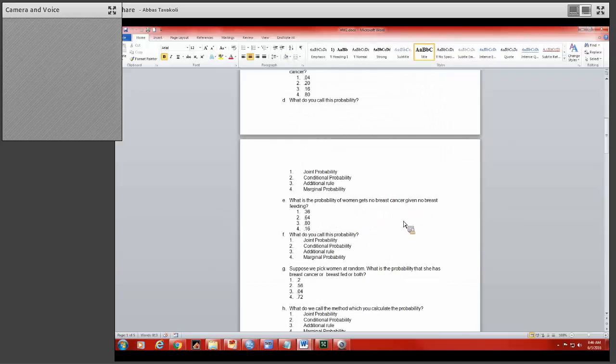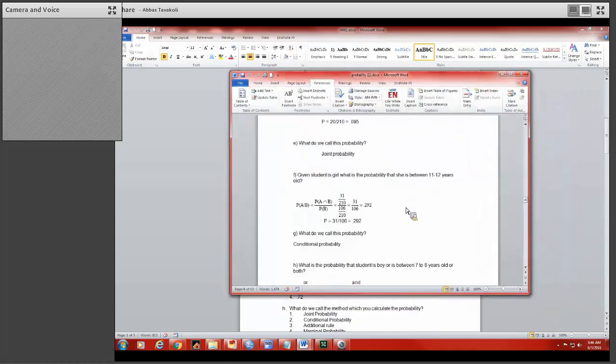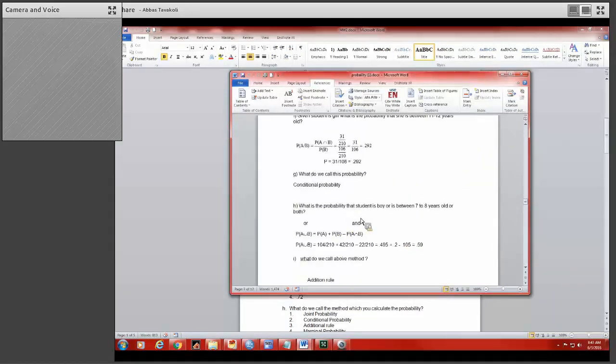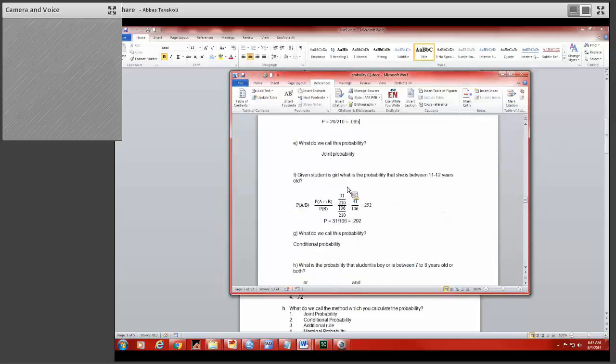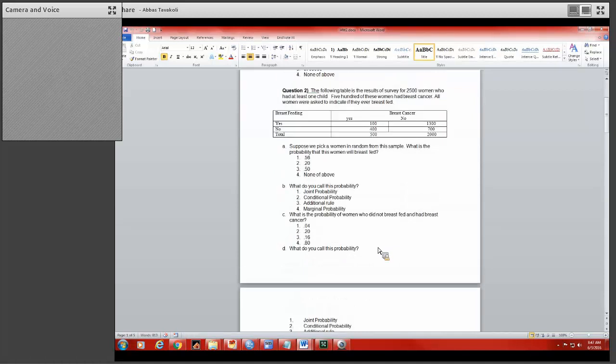Now, what is the probability woman get no breast cancer given no breastfeeding? This is the sort of you given a condition which is no breastfeeding, the same as here. We ask, given the student is a girl, what is the probability that she is between 11 and 12 years old?